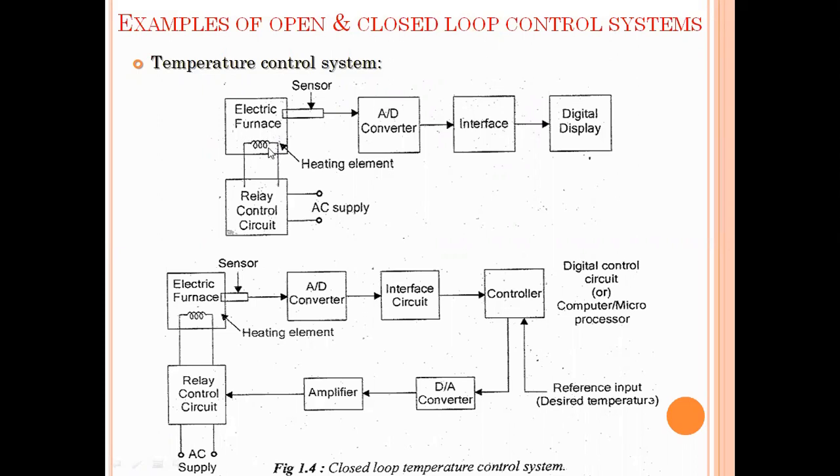The sensor senses and the analog signal is converted into digital with the help of this converter, and the interface is used to display the numerical temperature value. Now the temperature will be around 60 degrees. So this is how we can check the temperature, or control the temperature, in the open loop.